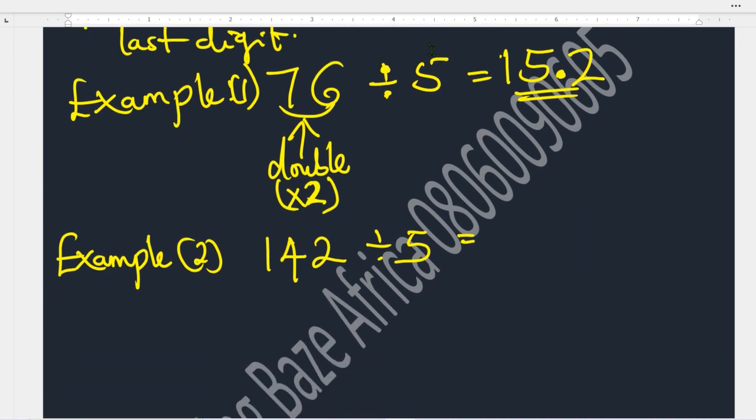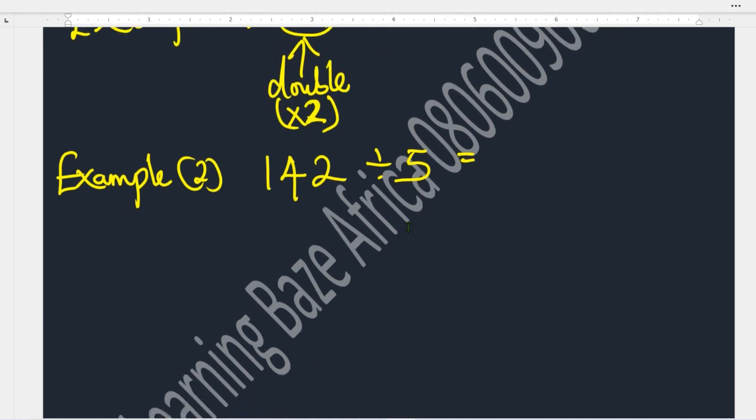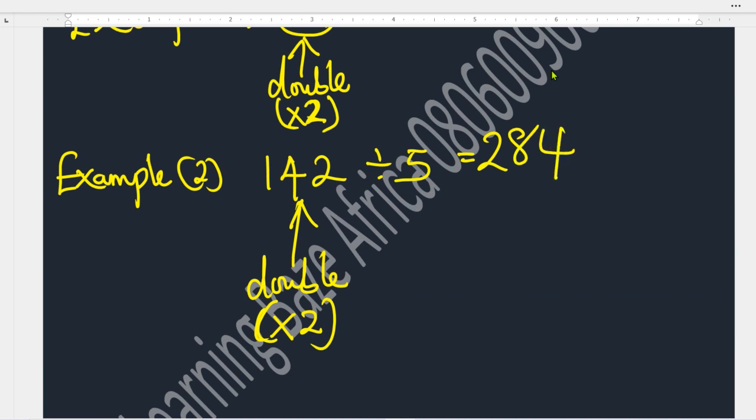Now look at 142 divided by 5. We are going to double 142. When you double 142, I'm going to use an arrow, double. And doubling means multiply by 2, okay? So when you double 142, you will have 284.